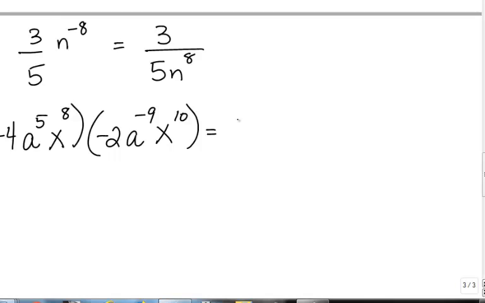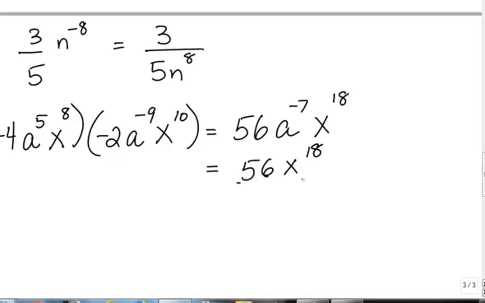Positive or negative? Positive 56. A to the negative 11... negative 7. X to the 18th. Which one's going to go down? So it'd be 56 x to the 18th over a to the 7th.